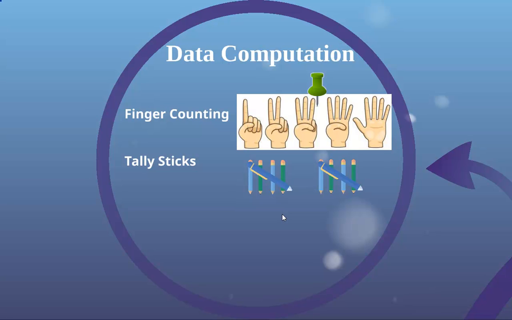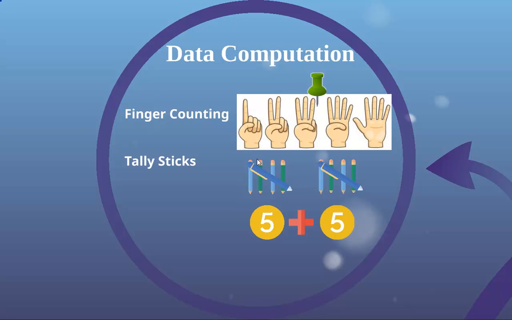Think how many tally sticks we would need to represent this number. It is going to be too much. We would need far too many tally sticks, so we came up with better ways to do this.